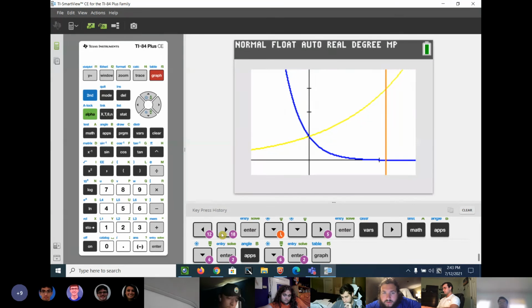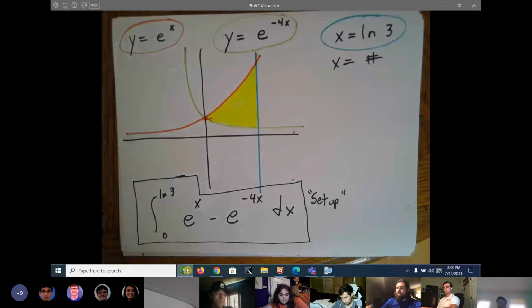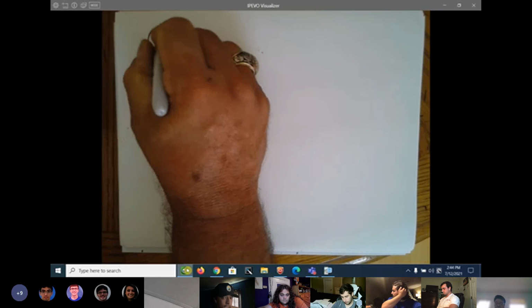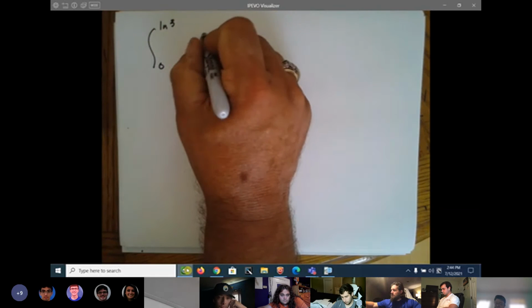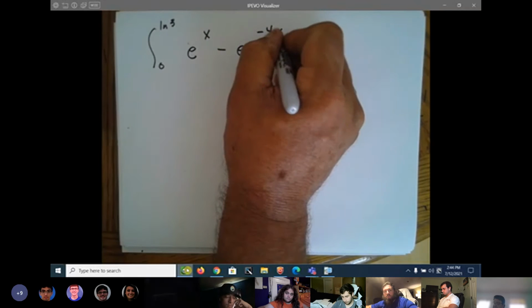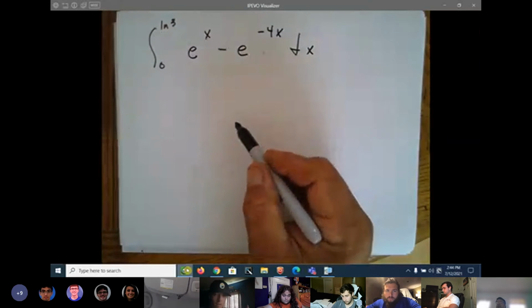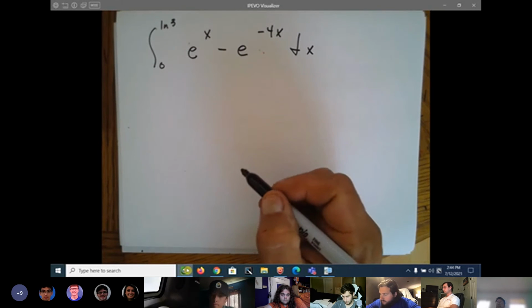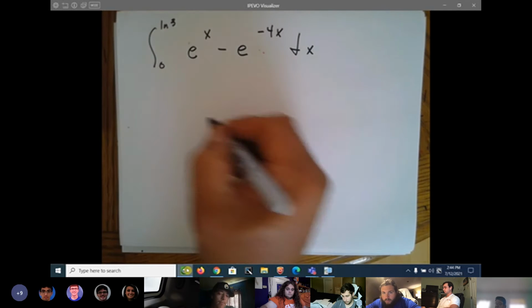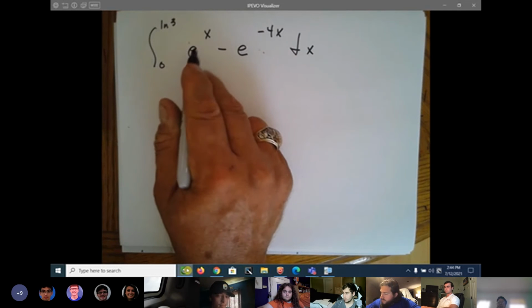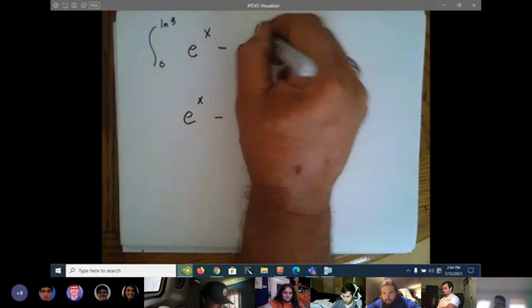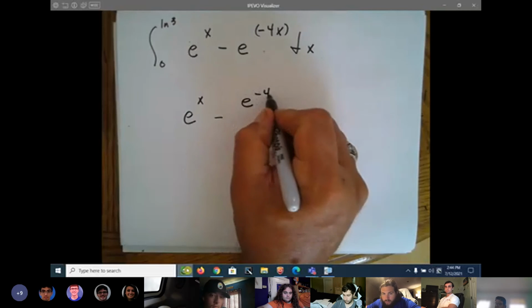Now let's do it by hand. Zero to natural log of 3, e to the x minus e to the negative 4x dx. Somebody tell me, what is the antiderivative and the derivative of e to the x? E to the x. Good job. If you miss that on the test, please don't tell anybody. Minus e to the negative 4x over what?